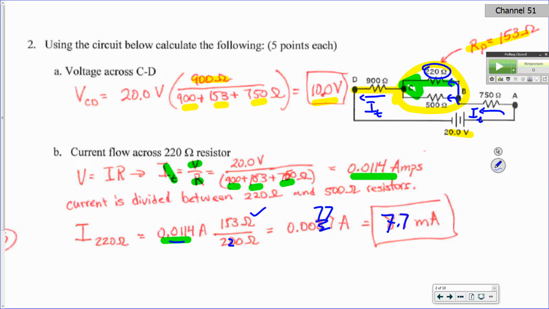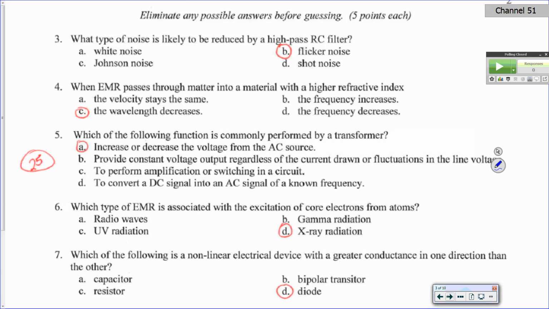All right. So looking at the multiple choice, we're a little mixed on the multiple choice on the next page. I'm going to go over these very quickly. So the first one says the noise is likely to be reduced by a high-pass RC filter.